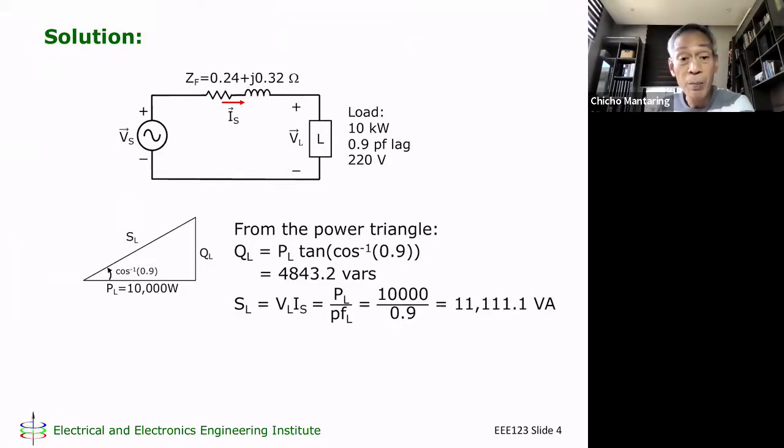Remember, your power factor is defined as the ratio of real power to apparent power. So if I want to get the apparent power, that's just PL divided by my power factor. So this is my apparent power, or the volt amperes of my load.